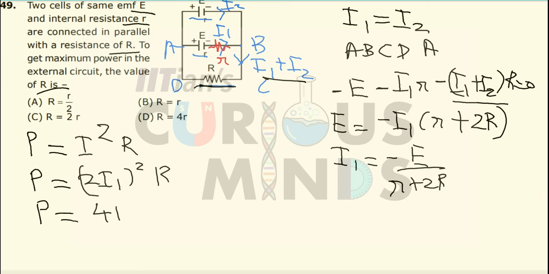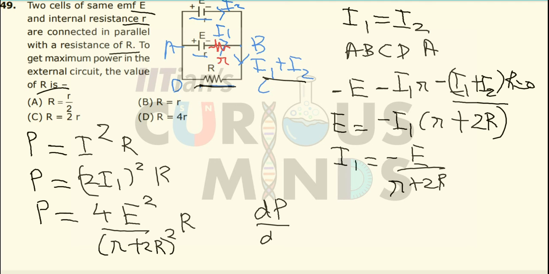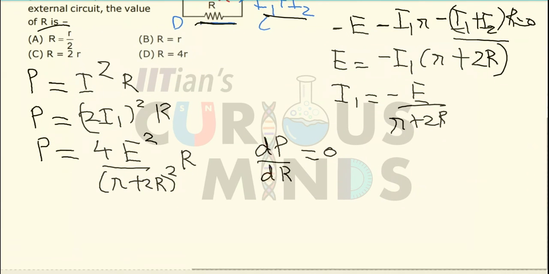Now I1 is written as E divided by small r plus 2R. When I square this term, P will be equal to 4 E square divided by (r plus 2R) the whole square, into R. In order to obtain the maximum power, we have to remember that dP by dR should be equal to 0. At maximum value, the differentiation of the variable should be equal to 0.